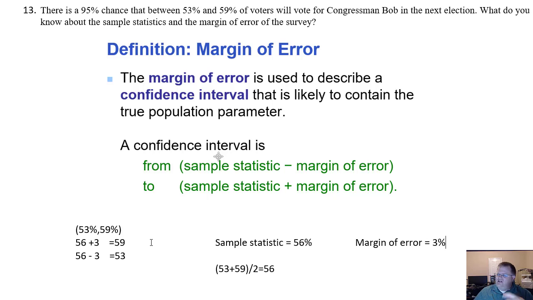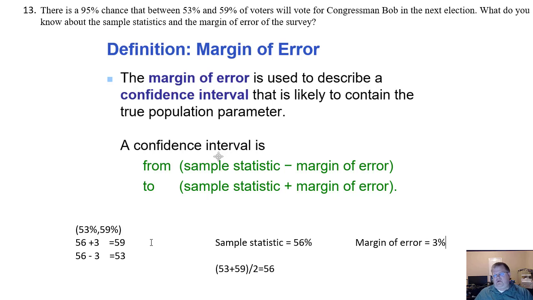So if I want to actually see what's going on in the population, I can't talk to everyone, but if I carefully pick my sample, if I randomize and I get equal representation of all different subsets of the population, meaning I talk to all ethnicities, I talk to all socioeconomic ranges.